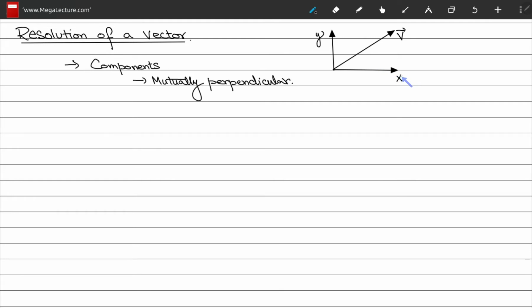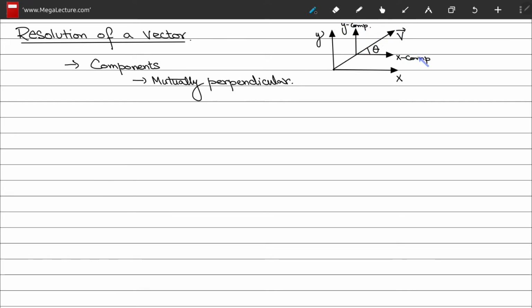So, giving you an idea, suppose that this is your coordinate system with x, y axes, and you have a vector v in this coordinate system. So the resolution of this vector into its components will look something like this, right? So we have its horizontal component, also known as the x component of your vector v, and you have the y component of your vector v.